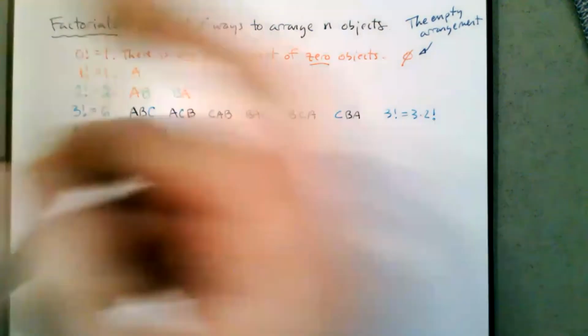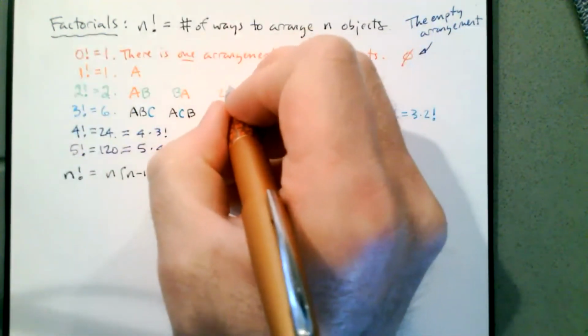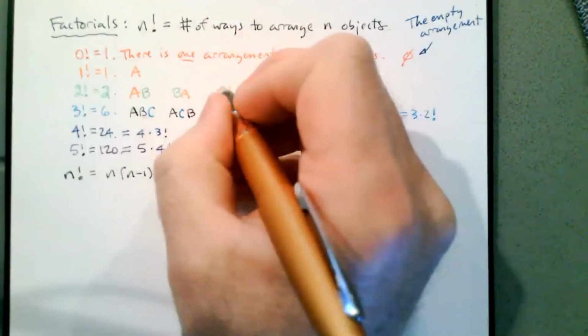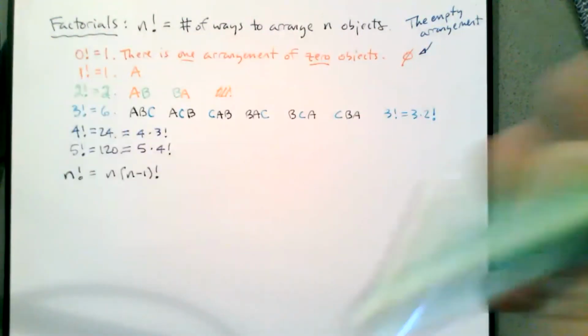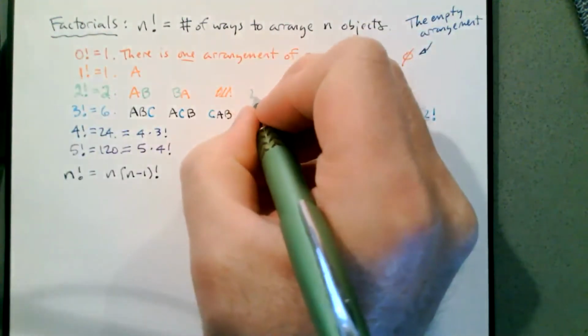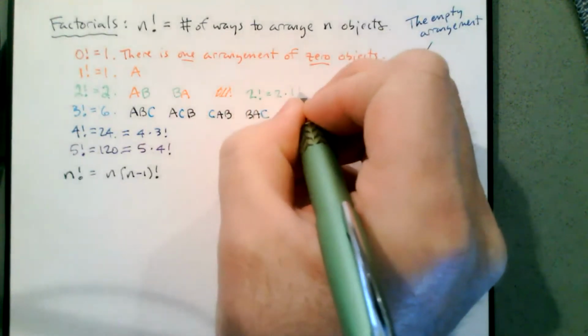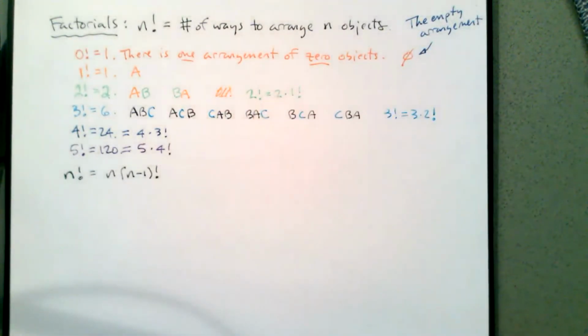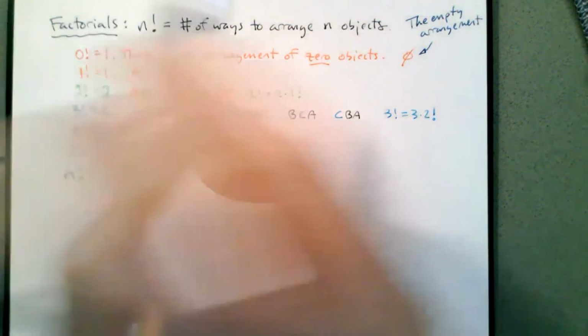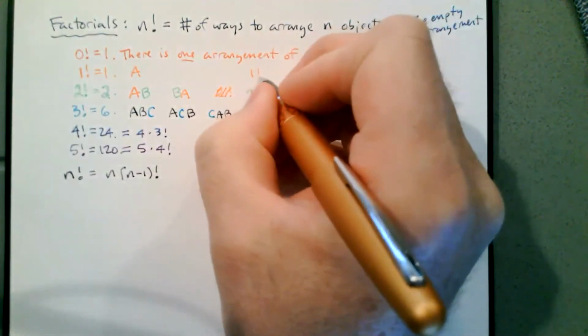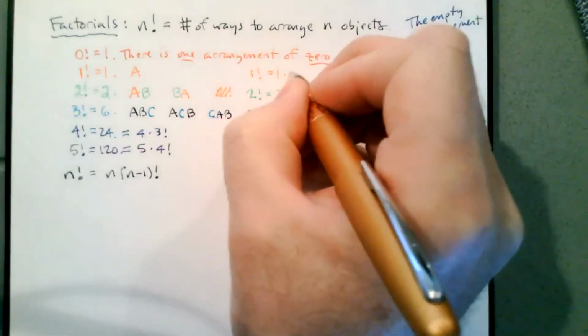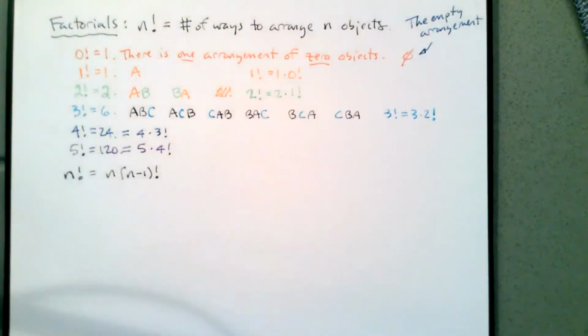And so on down the line. 2 factorial is 2 times 1 factorial. 1 factorial is 1 times 0 factorial, and that's where everything started. 0 factorial is 1.